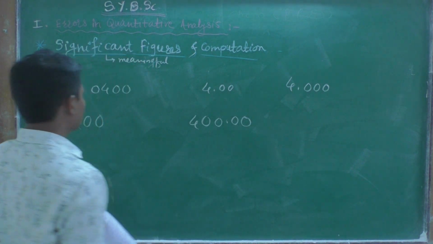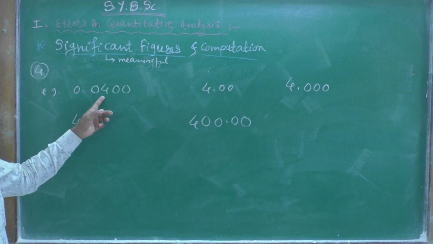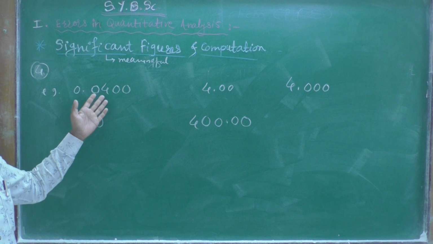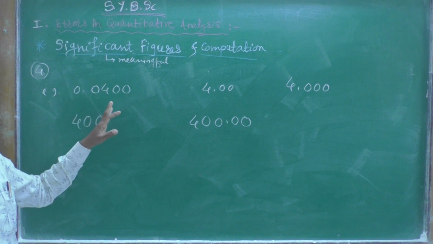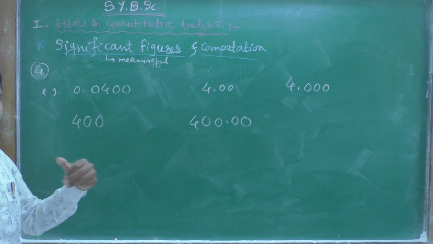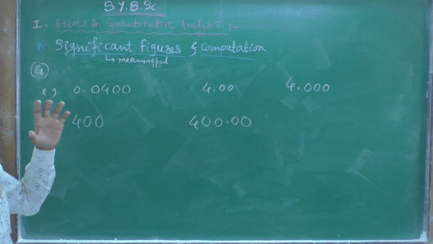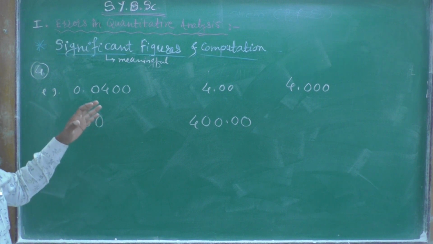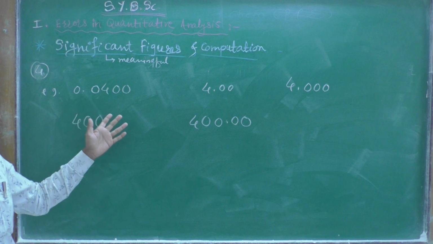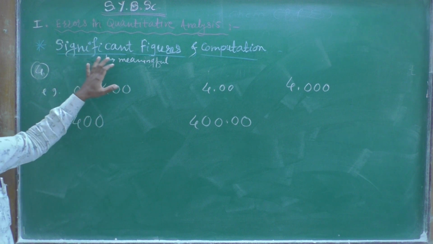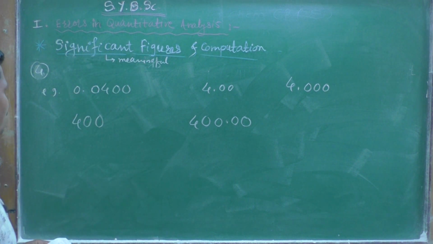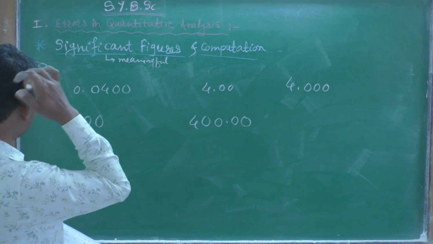Instead of 4 you can take 2, 3, 1, 9, 6, 5, any number. But for getting this concept, let us see the magic of zeros in the concept of significant figures. This is the magic of zeros.